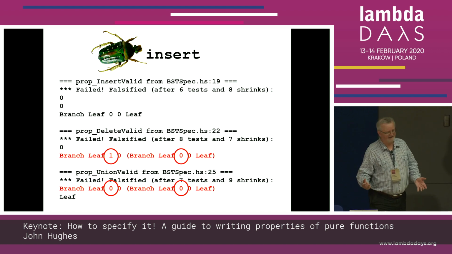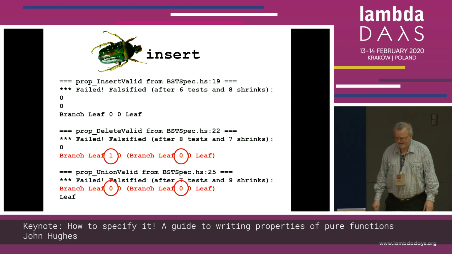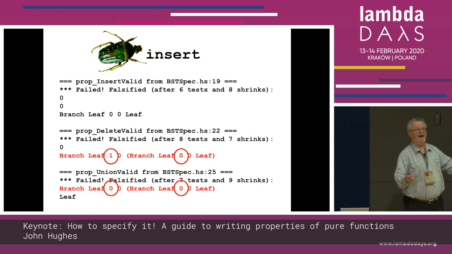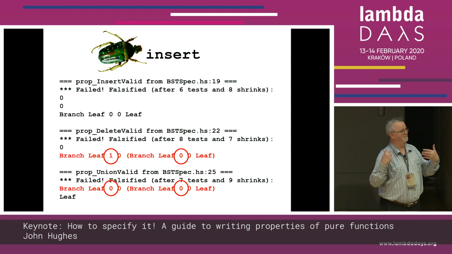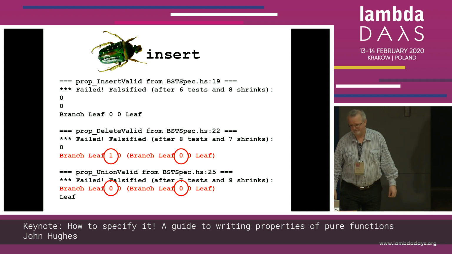I said you can't do that. So QuickCheck is complaining that if you give delete and union invalid inputs, they'll produce invalid outputs. But, duh, I didn't expect them, if I give them garbage, to fix it up so that it becomes a valid tree. What I expected was that if I give them valid trees, they'll produce valid results.